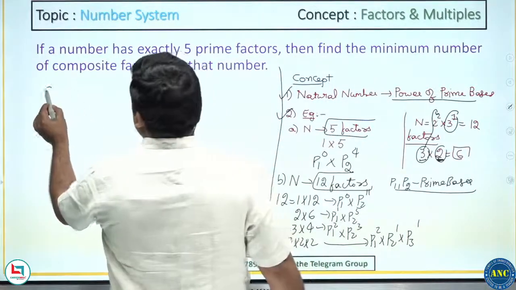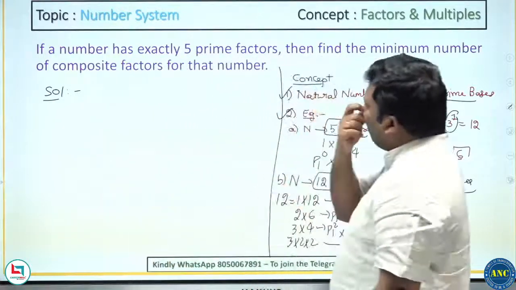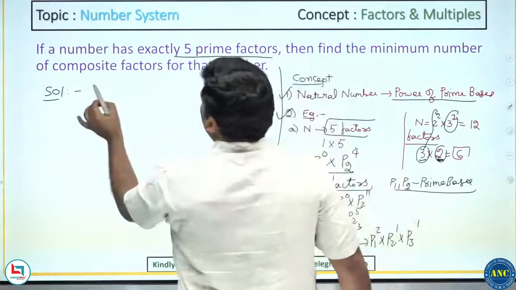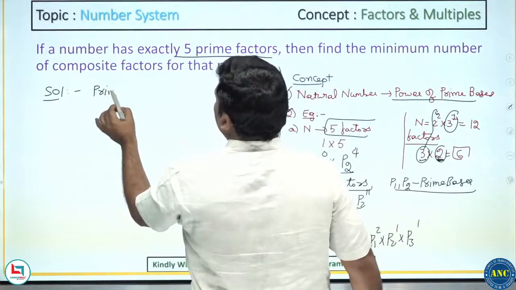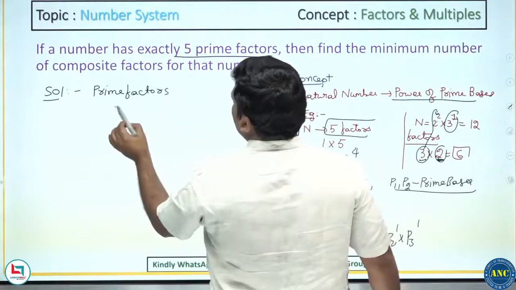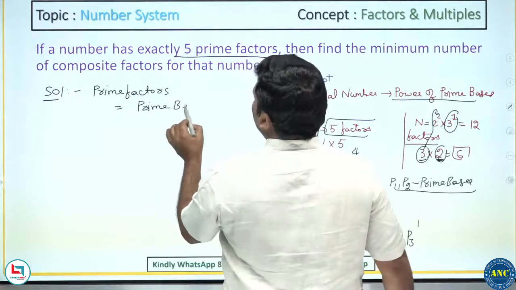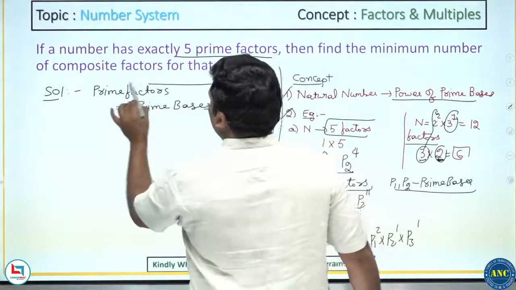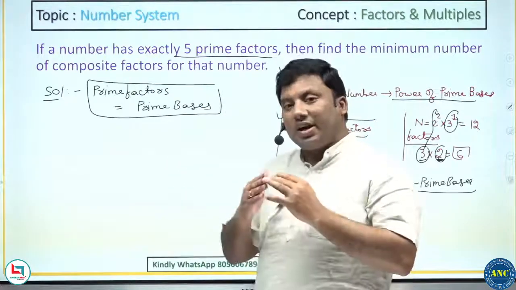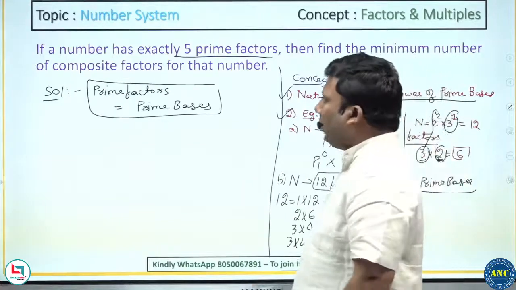Now, read the question. There is a number which has exactly 5 prime factors. What is the concept that we discussed? Prime factors is nothing but equivalent to prime bases. Yesterday we discussed in session number 1, the number of prime factors is equivalent to the number of prime bases.